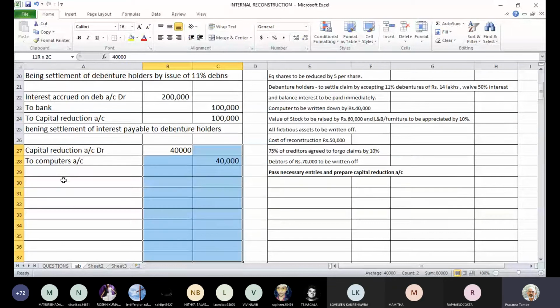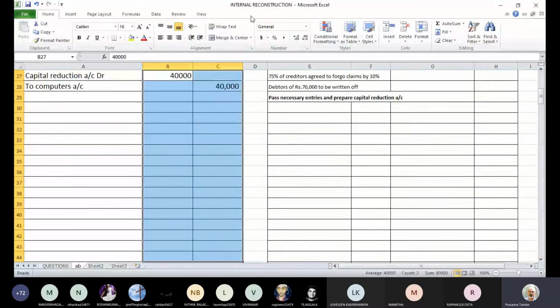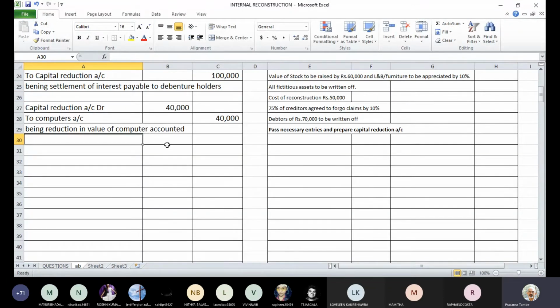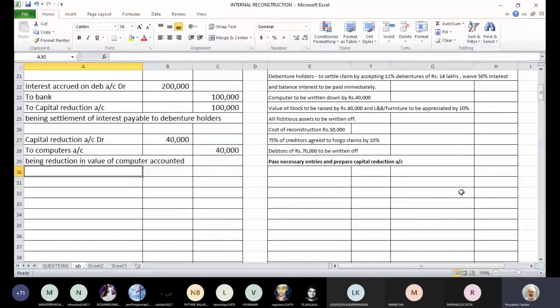It's a write-off, so we are debiting that loss to capital reduction account. Narration: reduction in value of computers, capital reduction account debit to computers account 40,000.